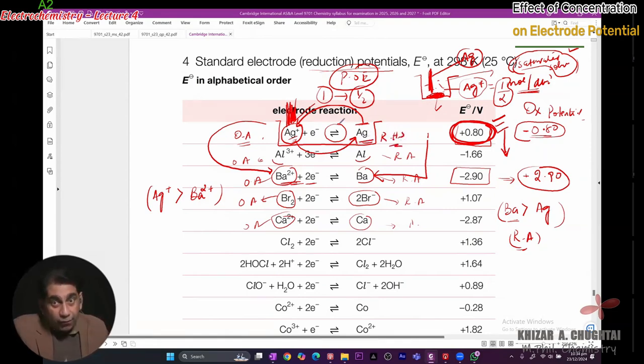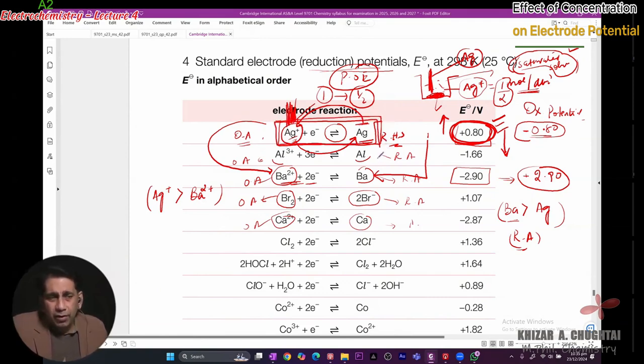If equilibrium is shifting towards the right hand side, this value will increase. Or if the equilibrium is shifting backward, its value will decrease. So this is the basic theme, and you will always use the original data booklet equation.